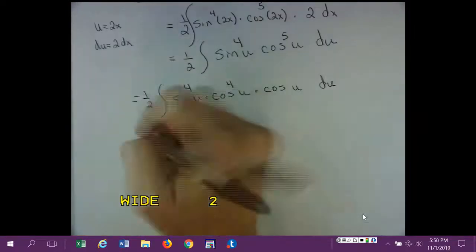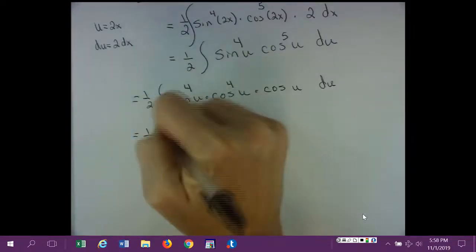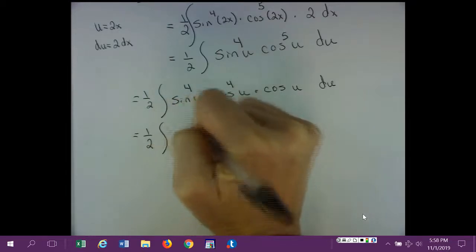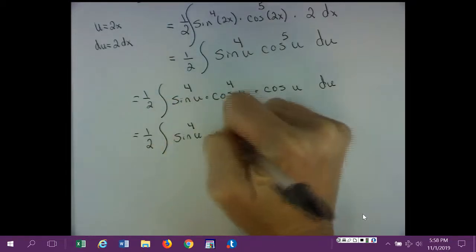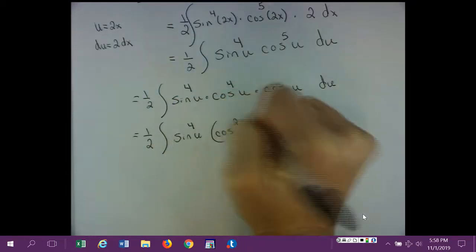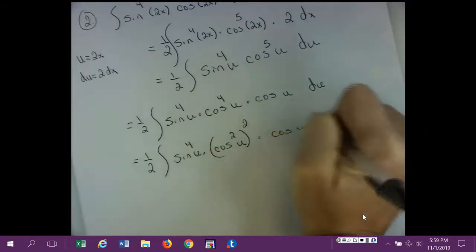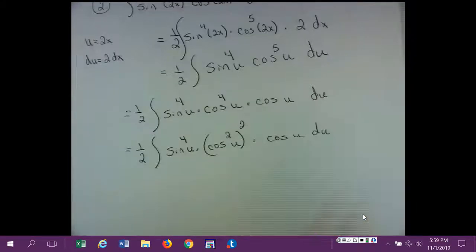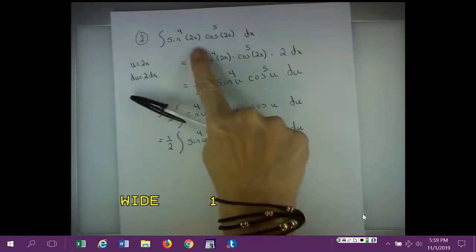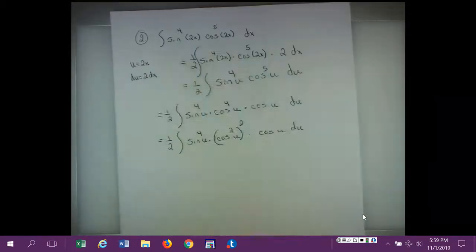In order to see cosine squared, we are going to have to write that as cosine squared u quantity squared. Again, I still haven't changed the problem from the original problem above, which is sine of 2x to the 4th times cosine of 2x to the 5th.